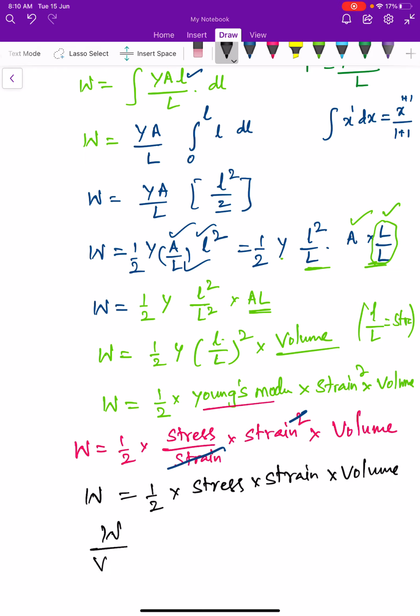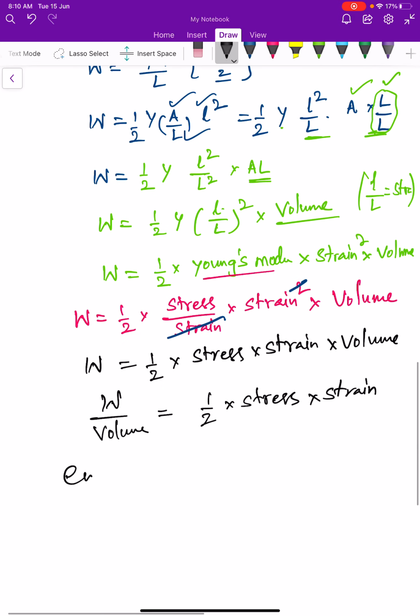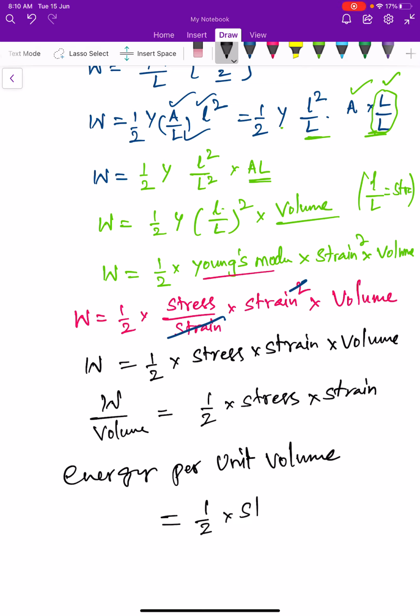Energy per unit volume is equal to half into stress into strain. Here work done per unit volume is also called energy per unit volume, and it is equal to half into stress into strain. Okay.